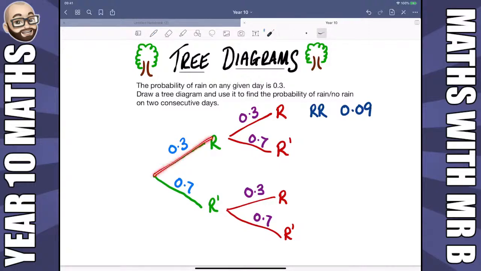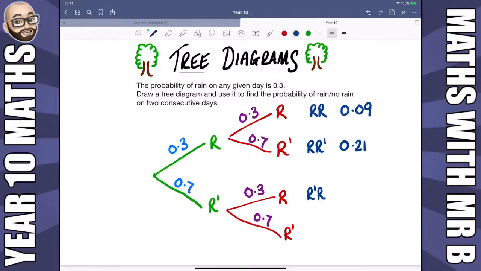The next one I'm going to do is rain followed by no rain. So it rains on the first day and then doesn't rain on the second day. So I'm going to write this as rain, not rain. And again, I'm just going to times the 0.3 by the 0.7. And that gets me 0.21. The next one would be no rain followed by rain.